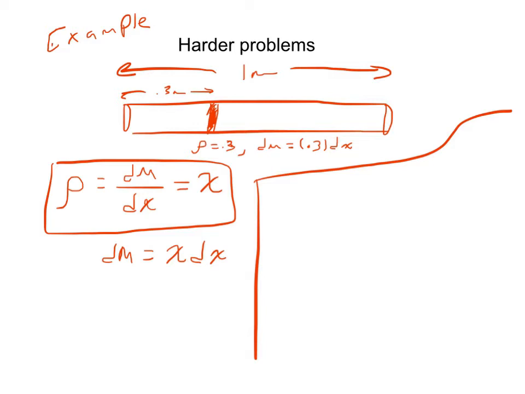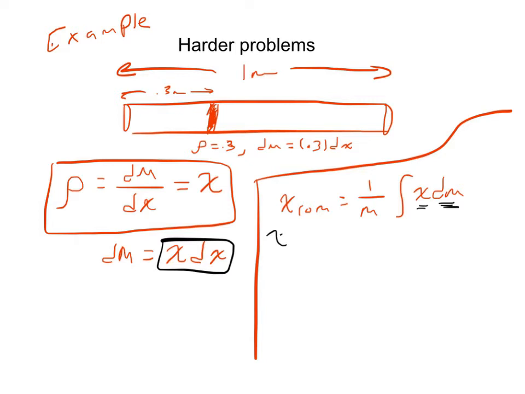So we know that the center of mass is 1 over the mass times the integral of x dm. Well, since we're talking about x, what we need to do is change dm to something in terms of x.